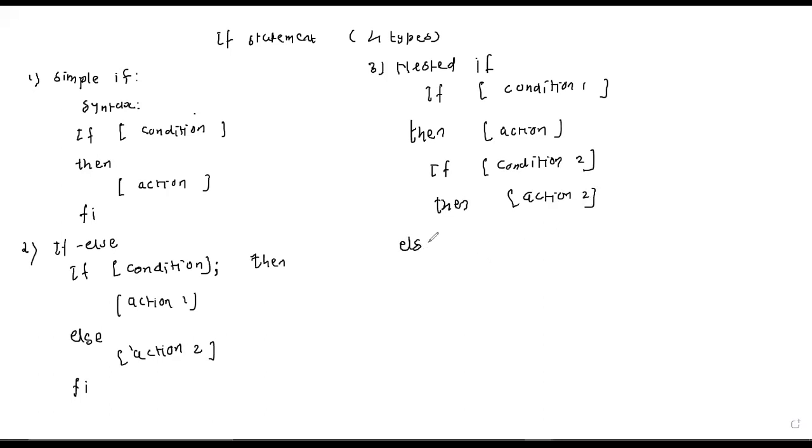And then we write else, action 3, and we close the syntax by using fi. So nested if means we have if first condition, then second condition. If again we have one condition, then this. If this condition is not satisfied, then we go for action 3.